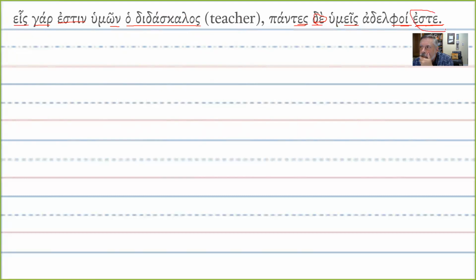I have this verb from eimi. I have a nominative plural and a nominative plural. And so one of them is going to be a predicate nominative. So this is "but", and normally the rule is the pronoun takes the first position, but you are all brothers.